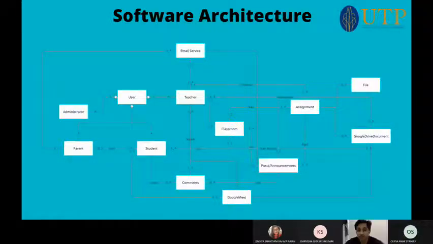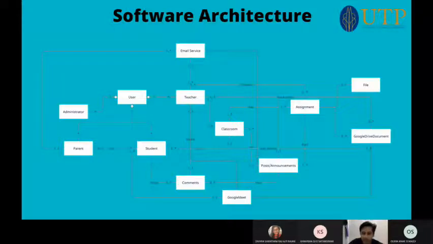Hello, my name is Joshua and I'll be presenting about the software architecture for Google Classroom. Here we have a simple ERD diagram, and this will show us the relationships between all the entities that exist in the Google Classroom system.